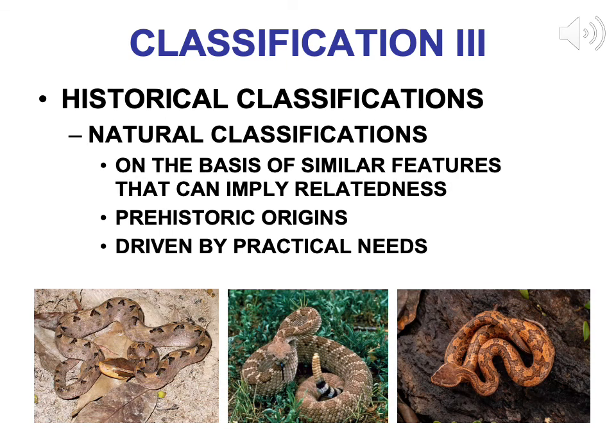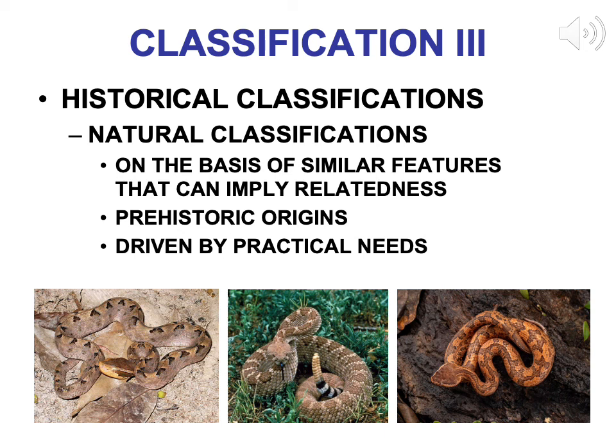So a natural classification is really close to an artificial classification in the sense that at least you are basing your classification on similar features. But in this case, those similar features can imply relatedness, whereas red flower color wasn't going to do it for those red flowered plants.